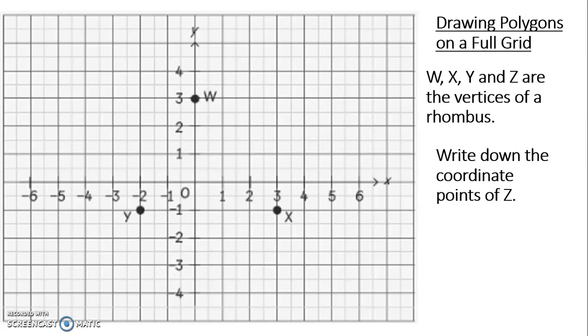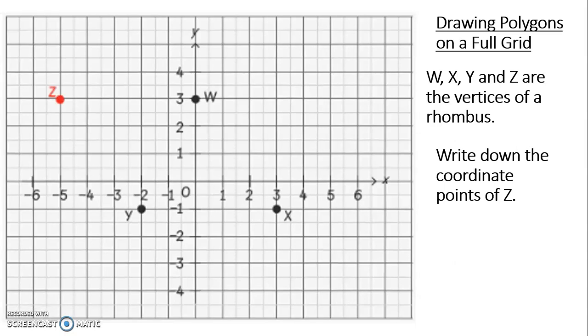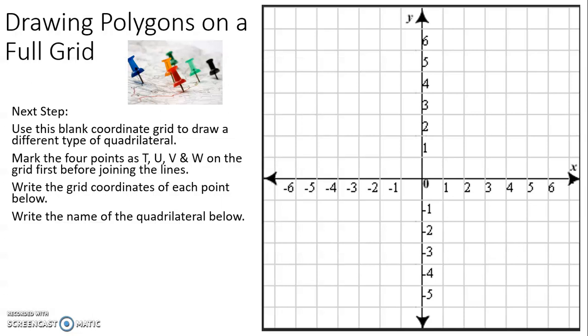Write down the coordinate points of Z. Pause the video now whilst you do that. Right, here comes the answer. There is Z. The coordinate point, -5, 3.